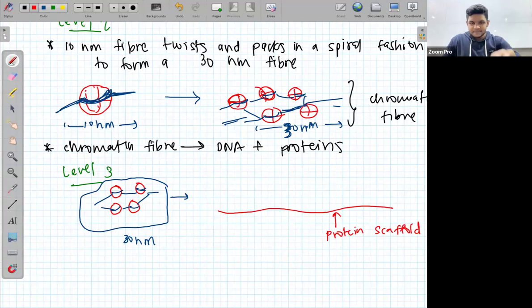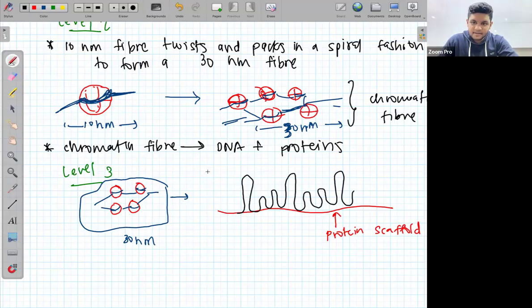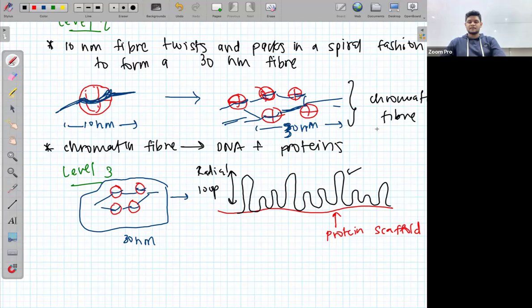This protein will be present and the chromatin fibers that are formed will be forming radial loops like this. These black ones are chromatin fibers. Radial means up and down. Can you understand that? They're forming radial loops, and it has a thickness.